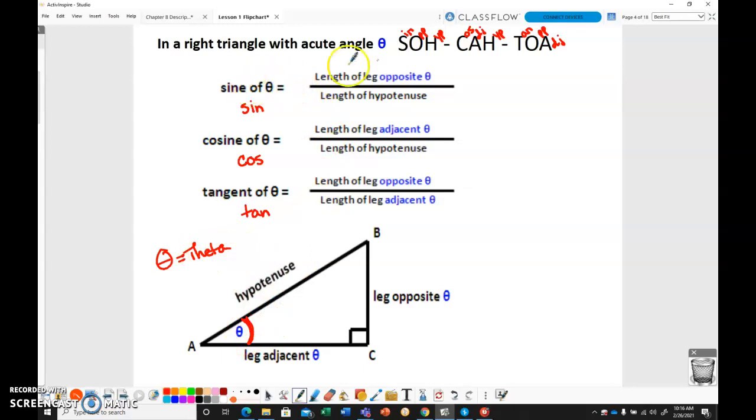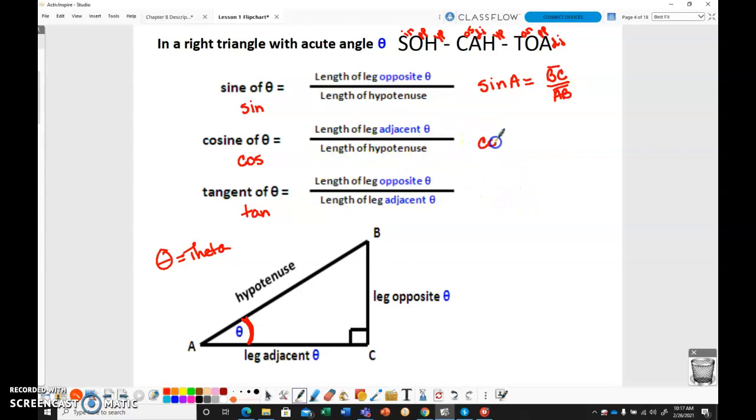So we want to do the sine of angle A. So we say the sine of A equals, and we want the leg that's opposite. So that's the opposite leg. So we would say BC, whatever that number is going to be, divided by the hypotenuse, and they've shown this is the hypotenuse. So that's going to be divided by whatever the value of the hypotenuse is.